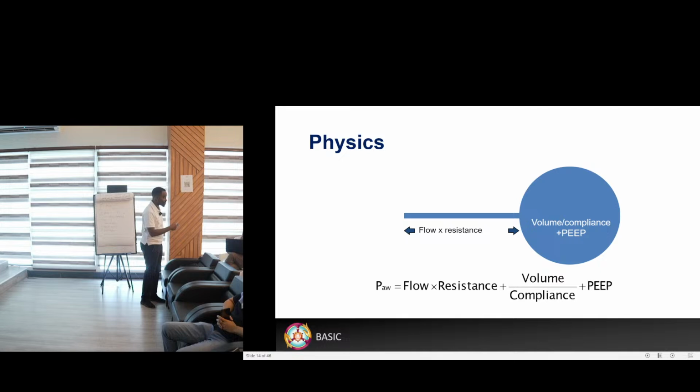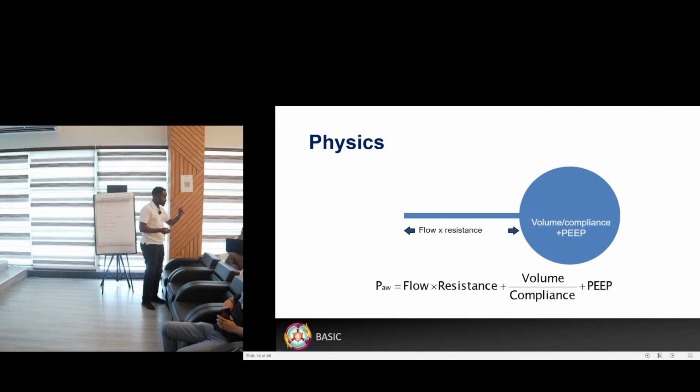From the equation, flow is equal to volume over time: time is the denominator, volume is the numerator. If I increase the numerator, the volume, flow increases. If I decrease the time, flow increases. So on your ventilator, if you increase the volume settings, flow will increase. If you decrease the inspiratory time, flow will increase.